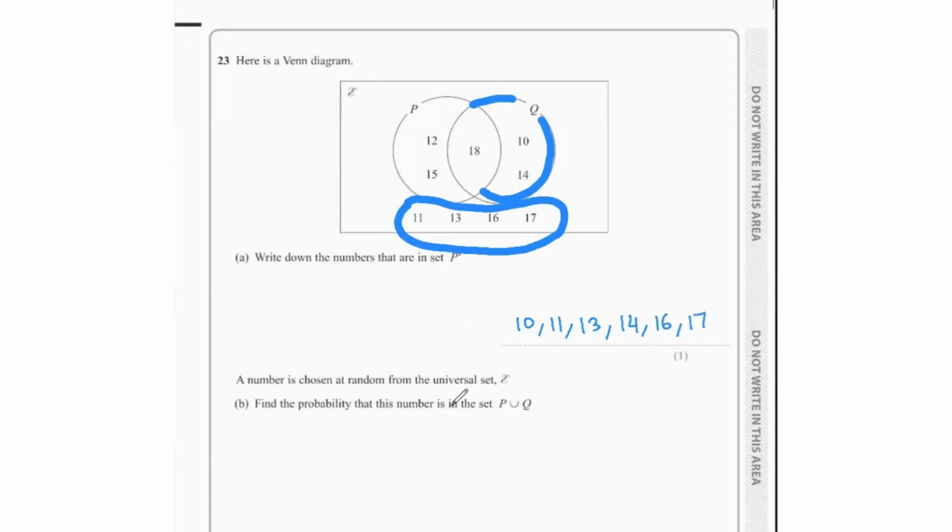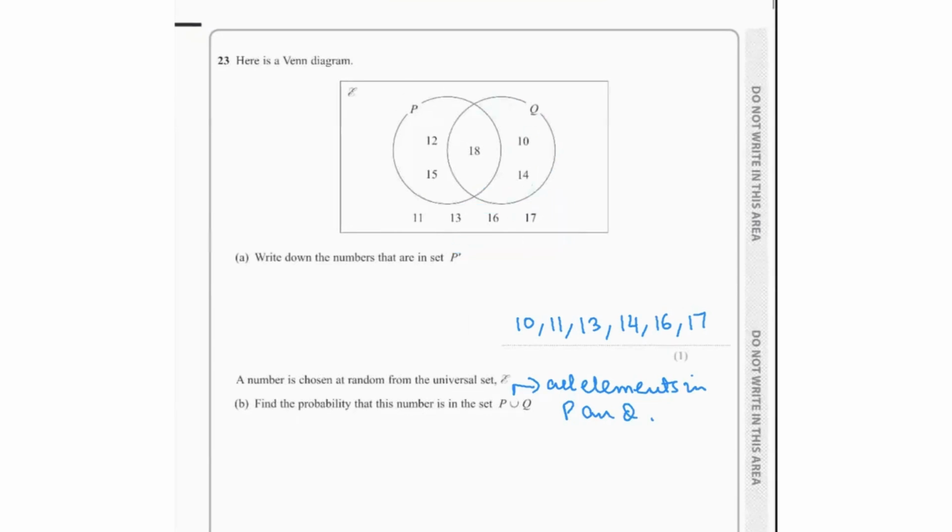Then it says a number is chosen at random from the universal set. Find the probability that this number is in the set P union Q. So P union Q means all elements in P and Q. So all elements in P and Q are basically going to be this and this, all of this.